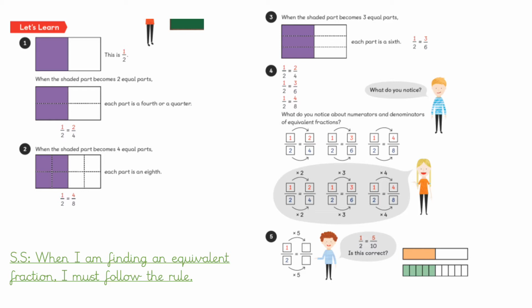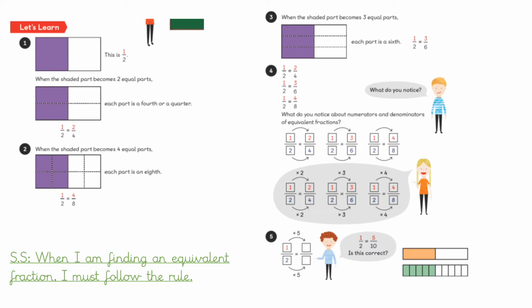But look at the same shape again, which has been split into 4 equal parts. So each part is now a fourth, or as we know it, 1/4. But the half has been split into 2 equal bits. So our half equals, the little equal sign means equivalent to or the same as, 2/4.